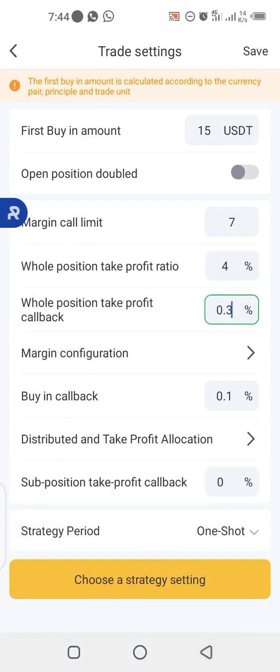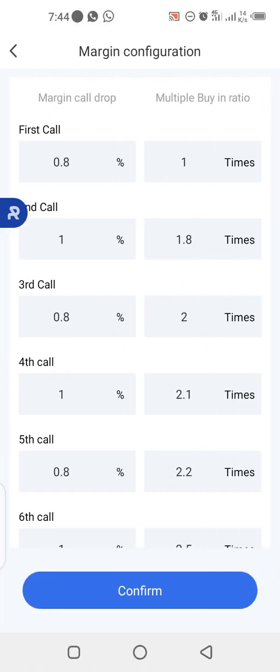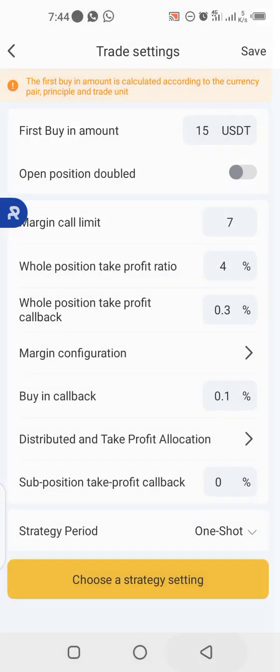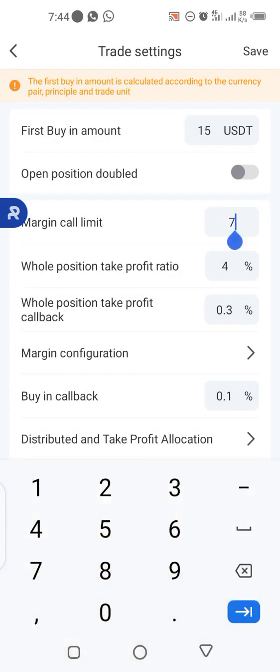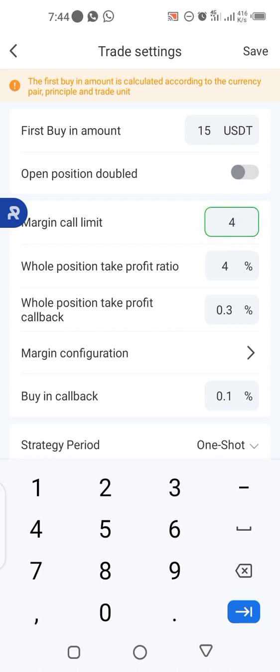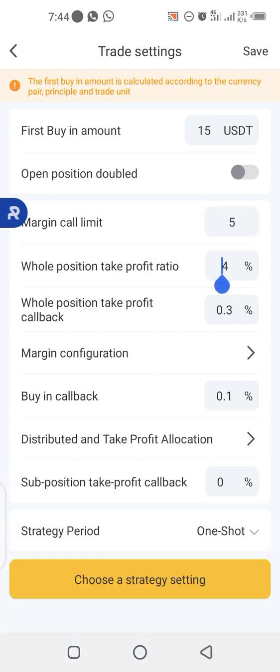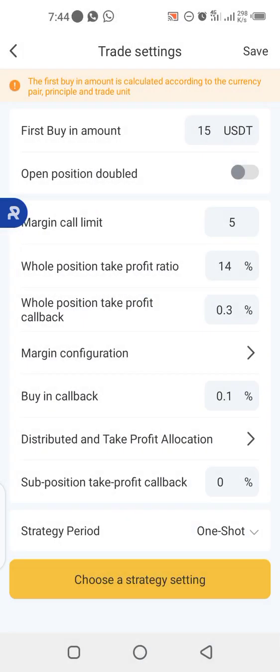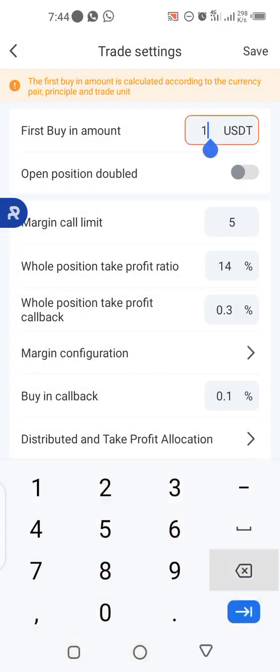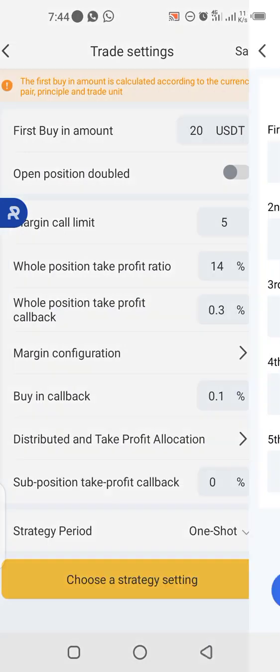Then we come to the margin call configuration and make sure that we can have 4 margin calls or 5. But if you know such a trade, you can even go for straight 4 margin calls, or you can go for a 5, if the market goes against you totally. Maybe your take profit is 14%, then you say my first buying amount can be 15, it can be 20, depending on your capital.